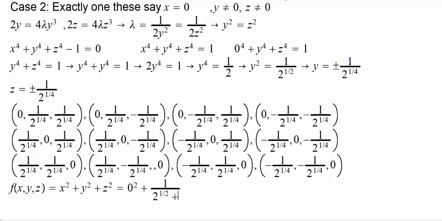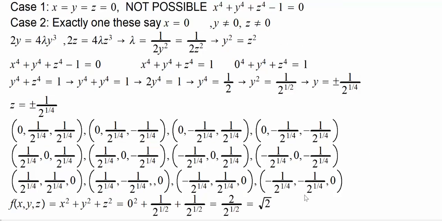So what do you have here? You get 2 over 2 to the 1/2, which is simply 2 to the 1/2, or you may write it as square root of 2 if you would like. All right. Good. So sorry, I'm just taking too long in doing these routine calculations. So this was the case 2.